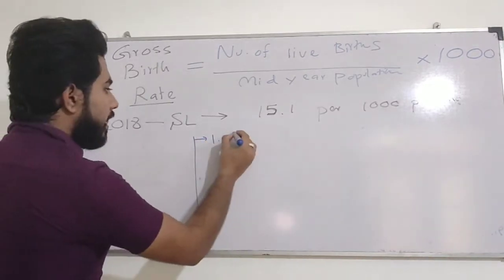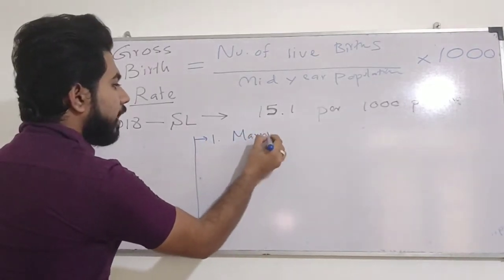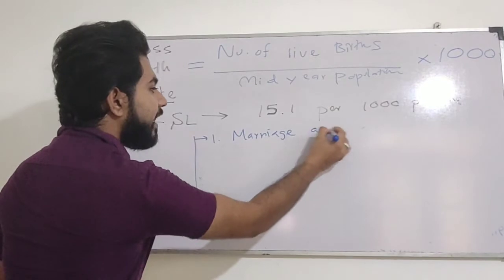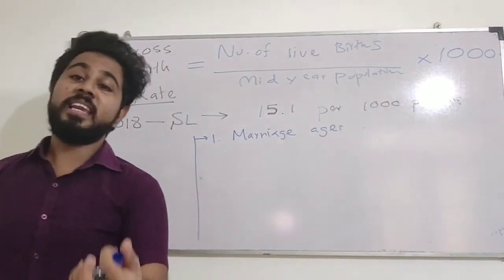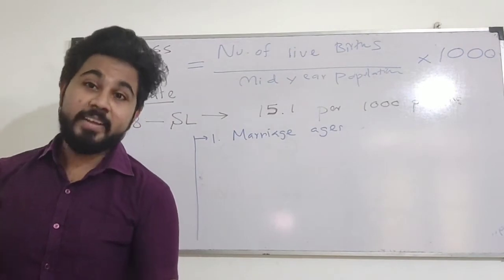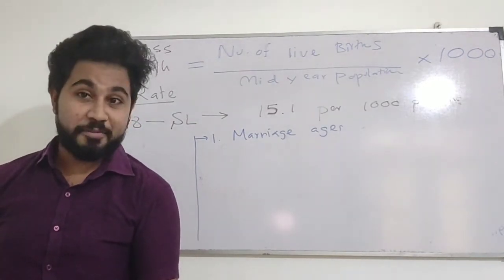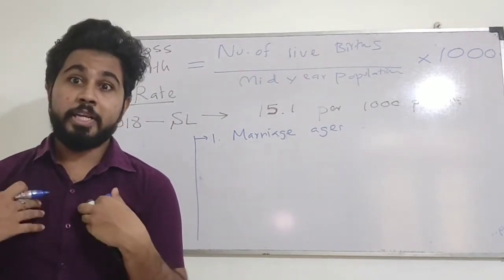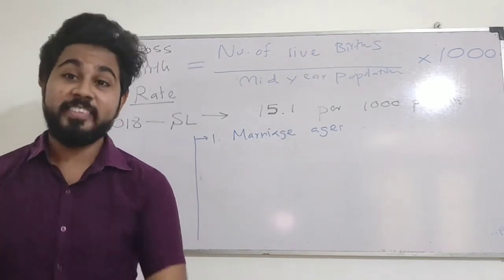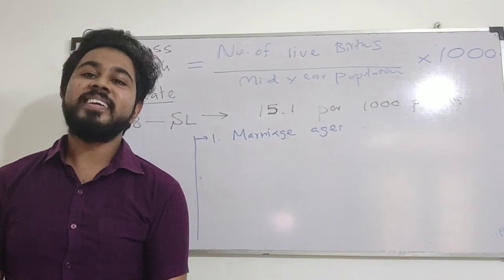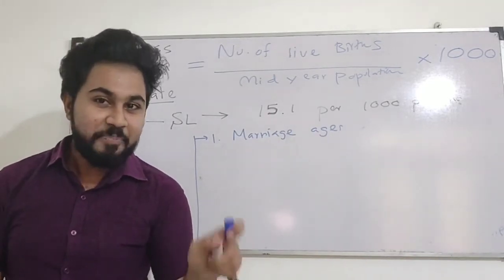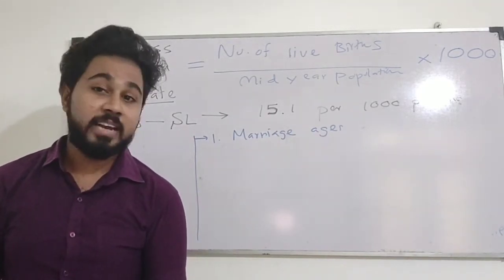Number one, the marriage ages. Nowadays, some of the people are marrying in early stage of their life. When we reach 16, when we reach 18, some of the people are marrying. So if we marry someone at early period of life, then what will happen?